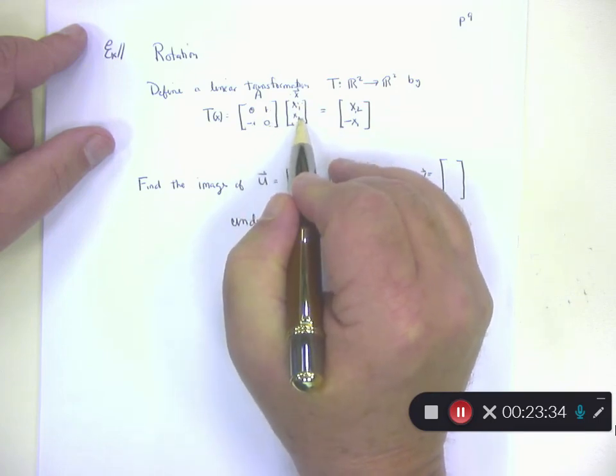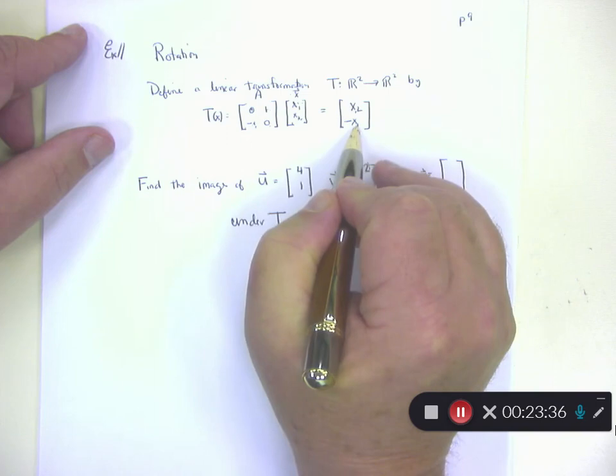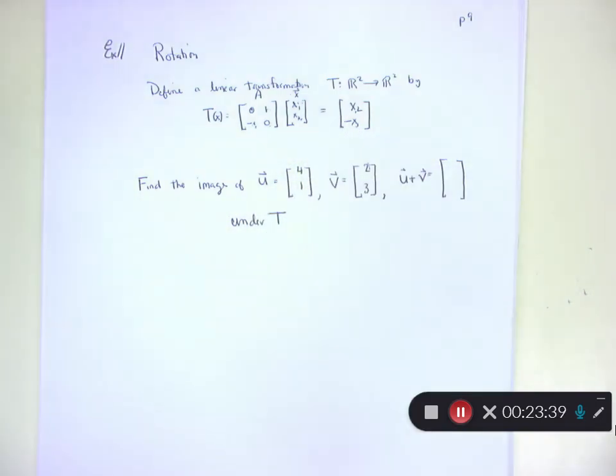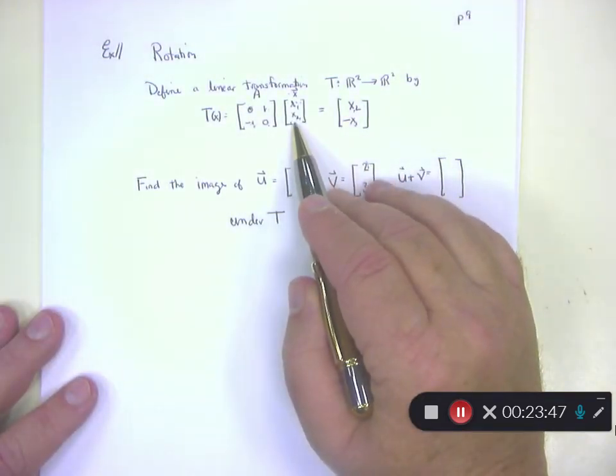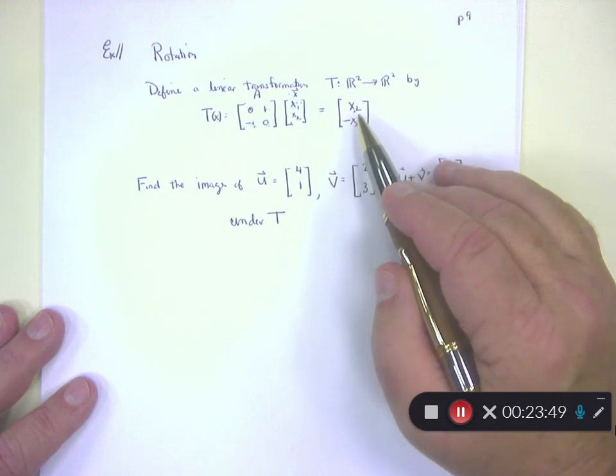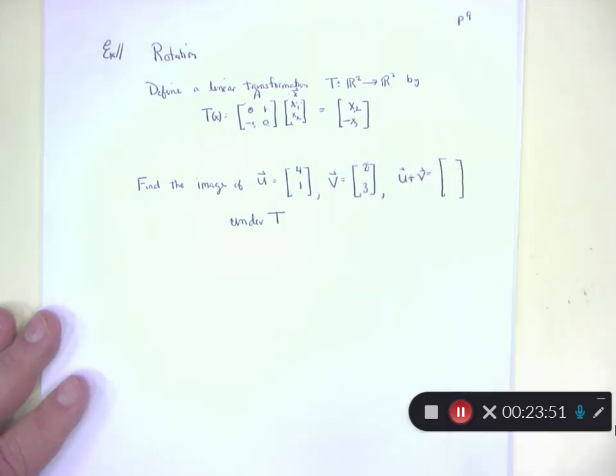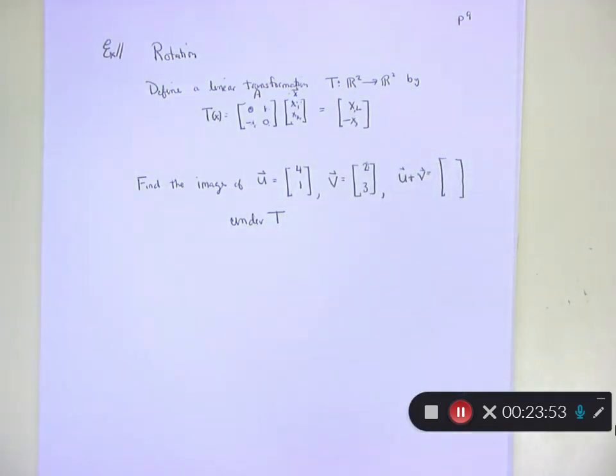Well, 0 times x2 is 0, and negative 1 times x1 is just negative x1. So what this linear transformation is doing for me is taking the vector x1, x2, and turning it into the vector x2, negative x1. It puts x2 in the first component and makes negative x1 the second component. Does that make sense?